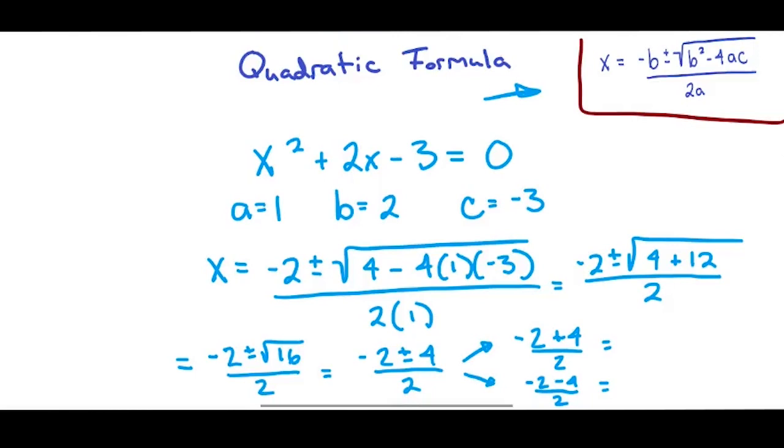So negative 2 plus 4 is 2, and then divided by 2, and that's 1. Then you have negative 2 minus 4, which is negative 6, divided by 2, and that's negative 3. So my answers are 1 and negative 3.